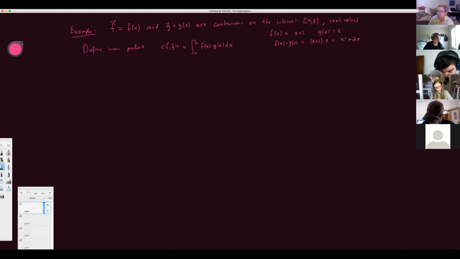Like if you had a point on the graph, so here's x plus 2. Let's see, intercept is 2 here, right? There's f.